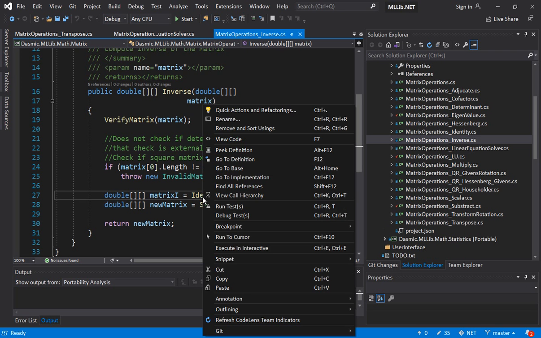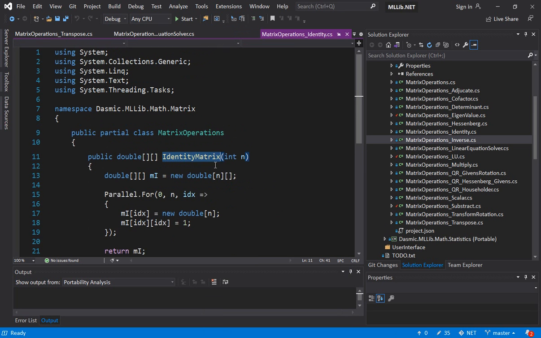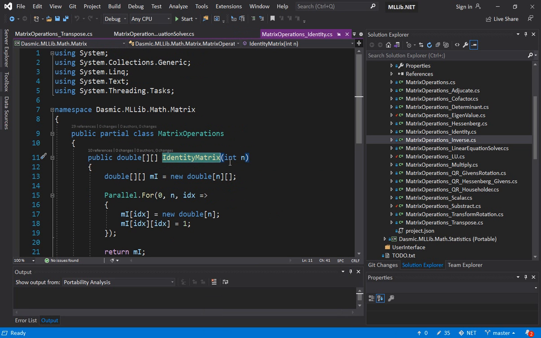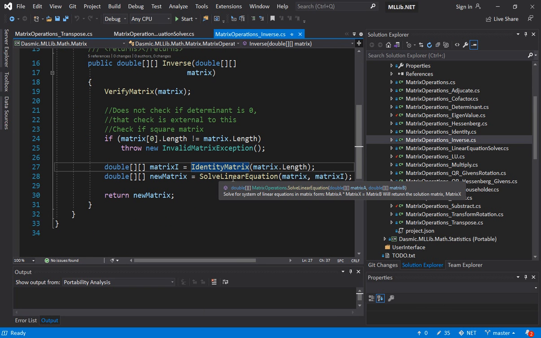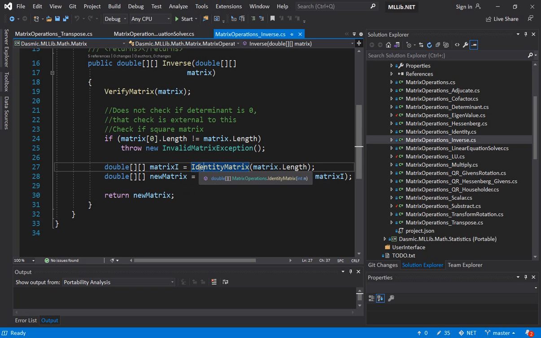The identity matrix has been implemented as a single function that returns an identity matrix of size n. Again, it returns a square matrix. So once we have this, let's go back to the inverse. Then we solve the system of linear equations where the first matrix is matrix A that has been passed as a function argument, and then we pass in the identity matrix and it returns the new matrix, which is going to be the inverse of this matrix.